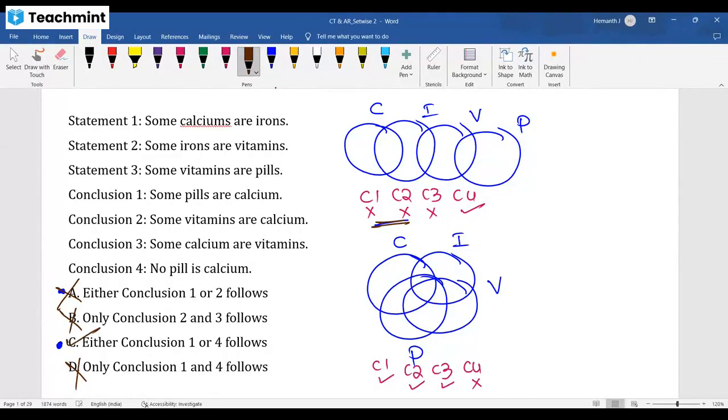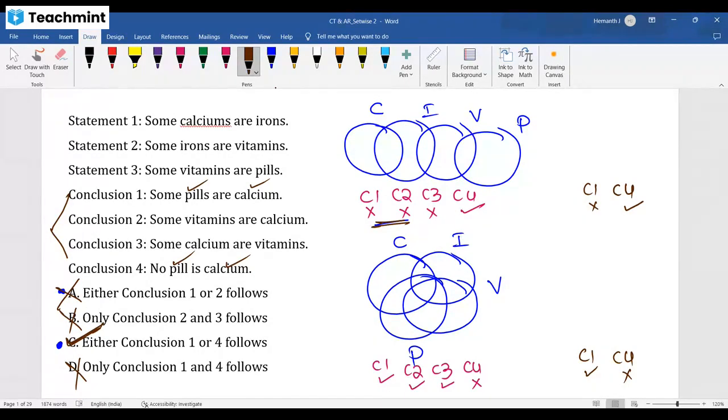Actually, the answer is either 1 or 4. Why? When the first one fails, the fourth one is true. When the first one is true, the fourth one fails. This is what either or is. When 4 is true, the first one fails. Whenever either or is there, hold on. In fact, I said when it is either or, the words should be similar. Pill, calcium: one says there is a connection, one says there is no connection.